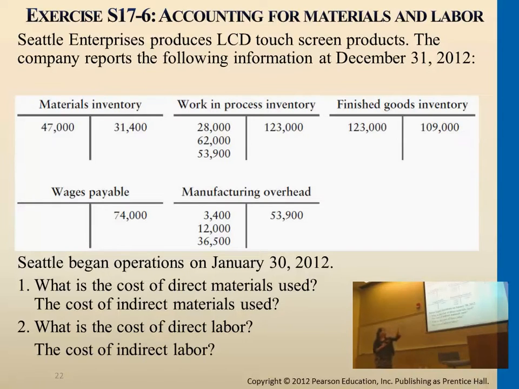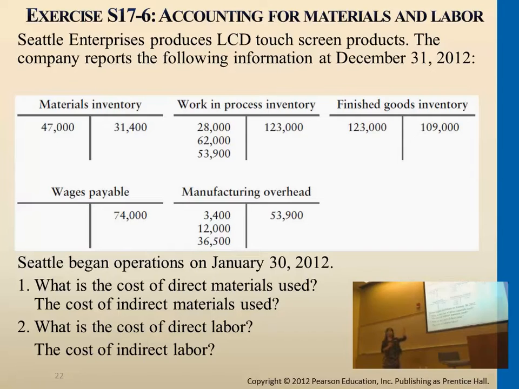So then we take a look at work in process inventory category, right? You on track? Direct material would be 28,000. What about indirect? 3,400. So if you add them together, it becomes 31,400.